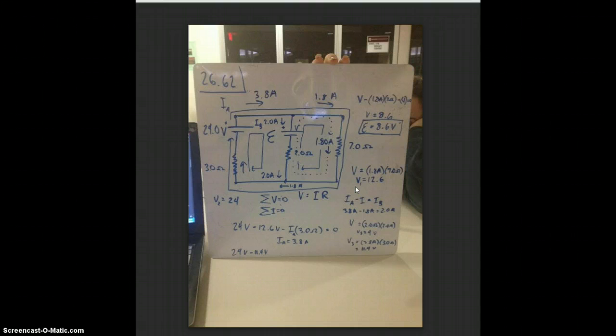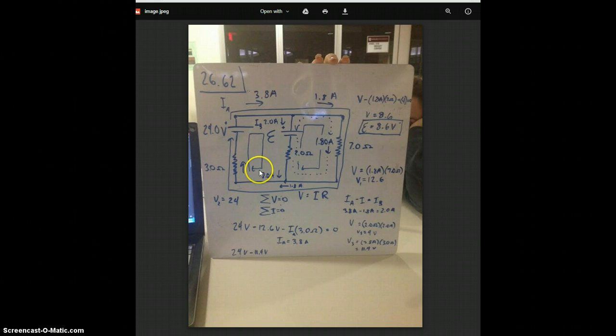The first thing I did was say that over here on the right, I think you can see my mouse, there is 1.8 amps down through the 7 ohms. Okay, I started over here, down in this line of thought.